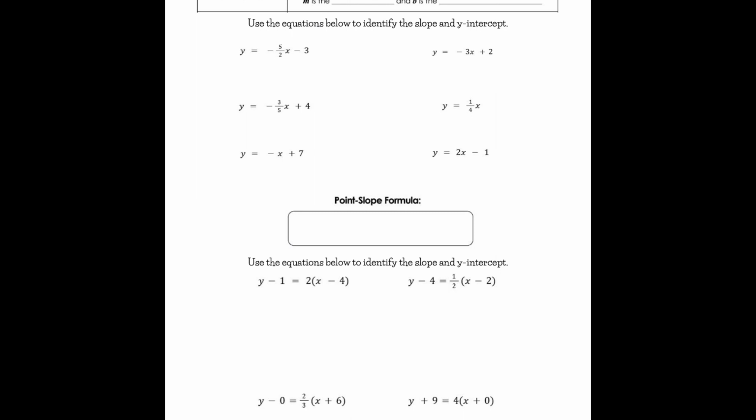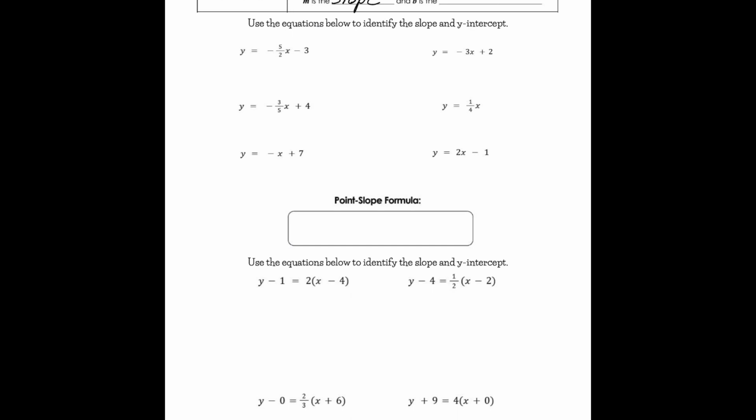But all these letters are doing is representing the fact that it can really be any number depending on the equation. So in this formula, this slope-intercept form, the letter m is going to represent the slope.